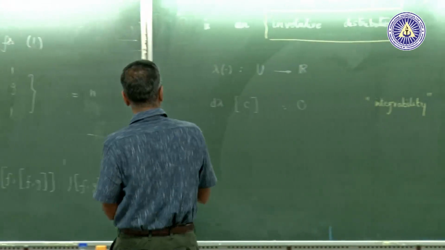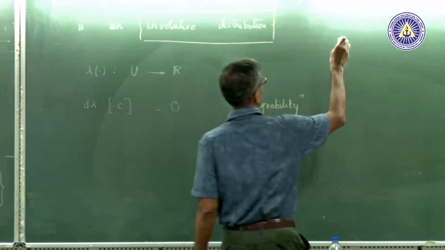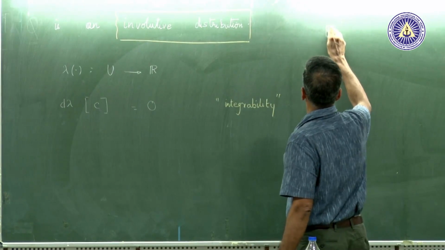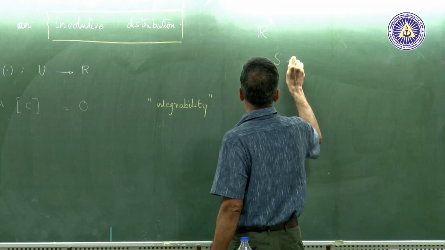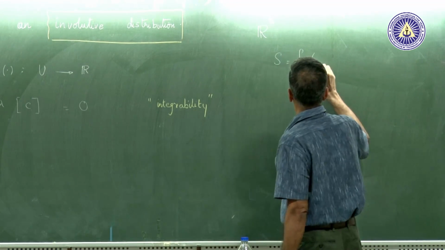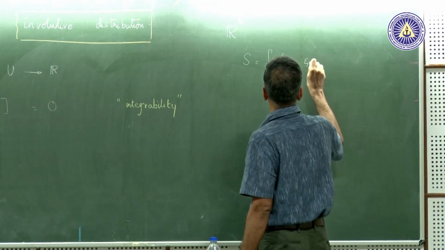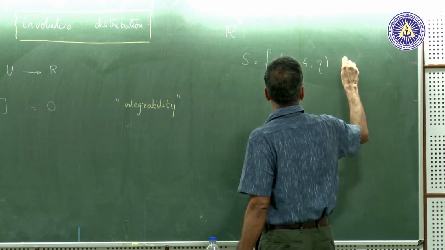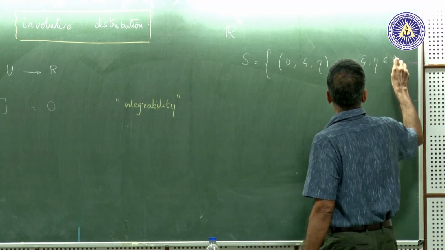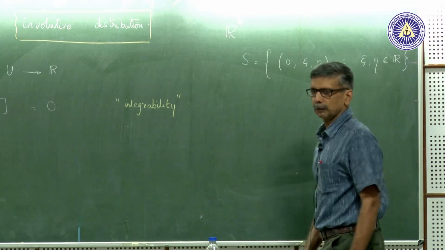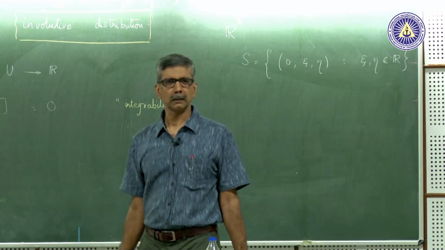Or in other words, in R3 the following set, the 3 tuple where psi and eta could be any real numbers, forms a subspace, correct.